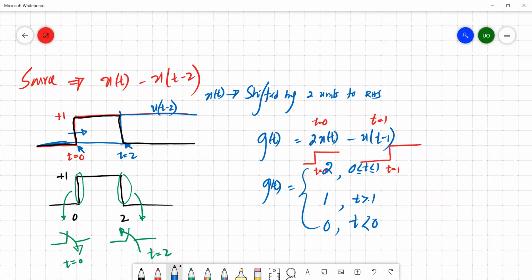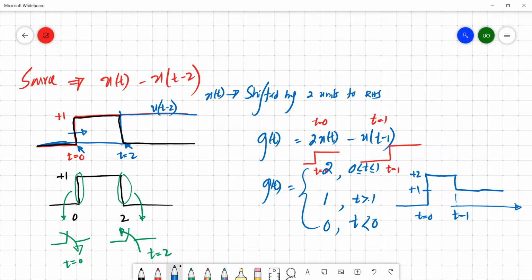If you show it graphically, it is 0, then jumps to 2 at t equals 0, then jumps back to 1 at t equals 1.